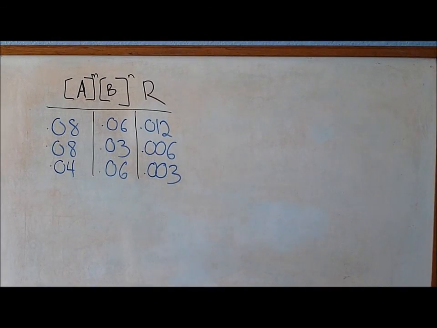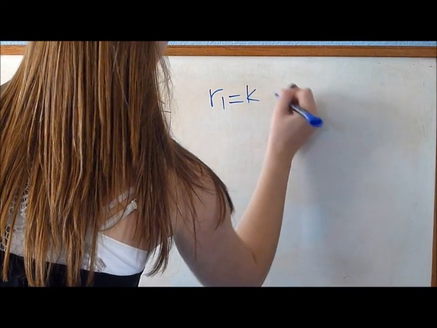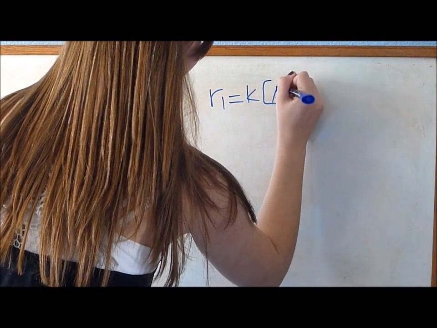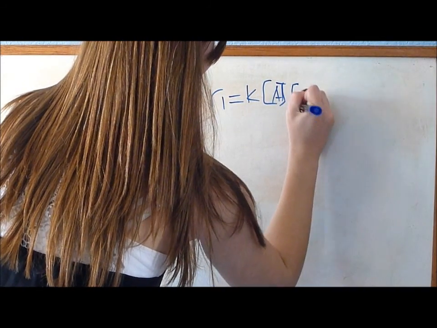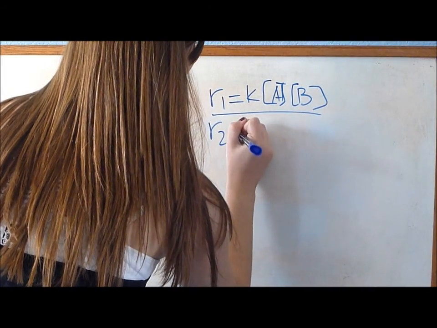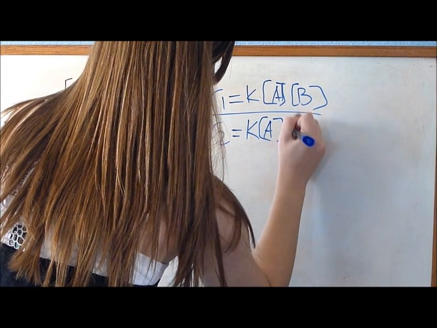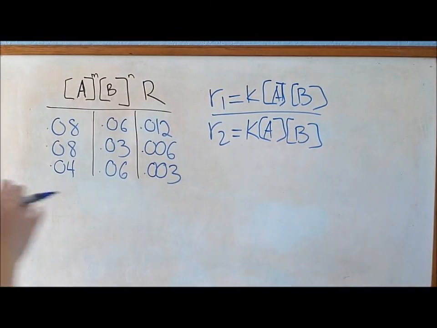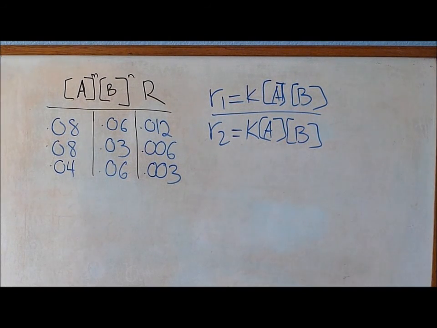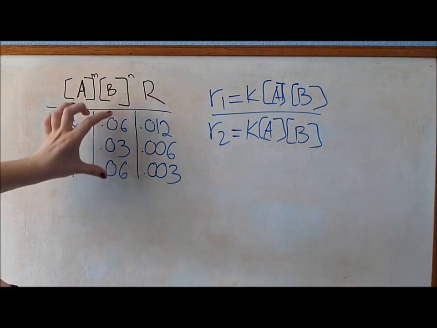Okay, I'm about to do the same problem, but a different way. So what I'm going to do is write out this equation. R1 equals K times the concentration of A and the concentration of B, all over R2 equals K times the concentration of A and the concentration of B. And so, when you're trying to find the concentration of A, you look at which one in column B is the same.